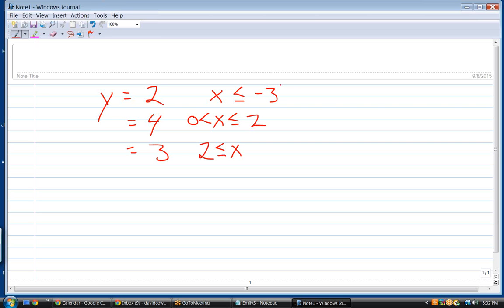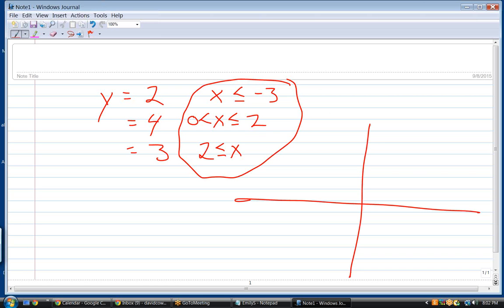Okay. When you're doing piecewise functions, focus on this: starting at the top right, and then go from left to right. In other words, we can see this goes from -3. Anything left of -3, what's y equal to when I'm left of -3?